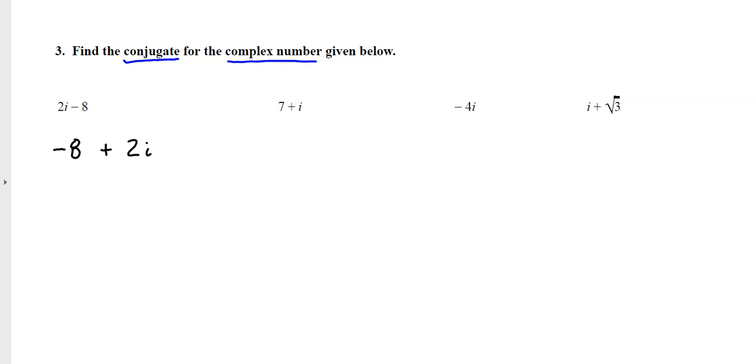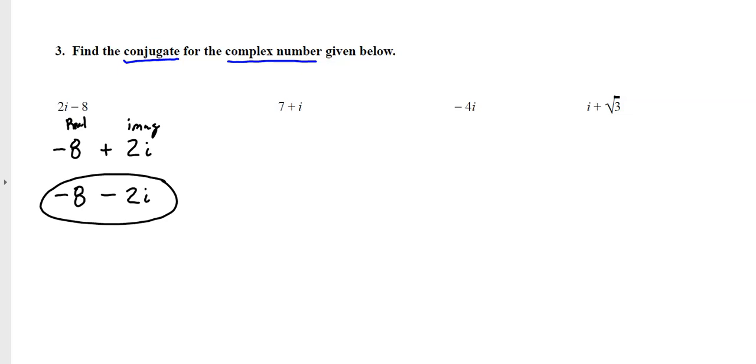Just above, I'll write: this is real, this is imaginary. And if that's one of the two, then his partner, his conjugate, keeps the real part the same but changes the imaginary piece. So there's the partner to the one up above.